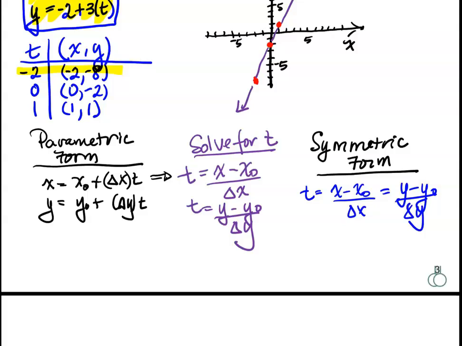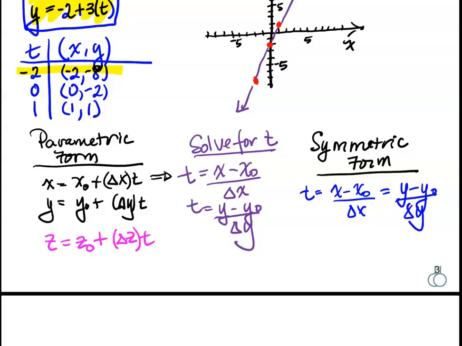Now, we're talking about working in space, so now we have a third coordinate. We have a z coordinate, and it really is rather intuitive how we include that z coordinate. It is simply in parametric form. My z coordinate is my known z value plus change in z times time, or t.